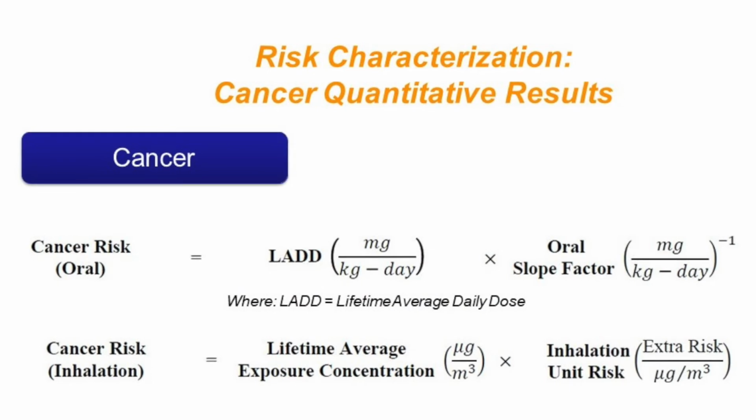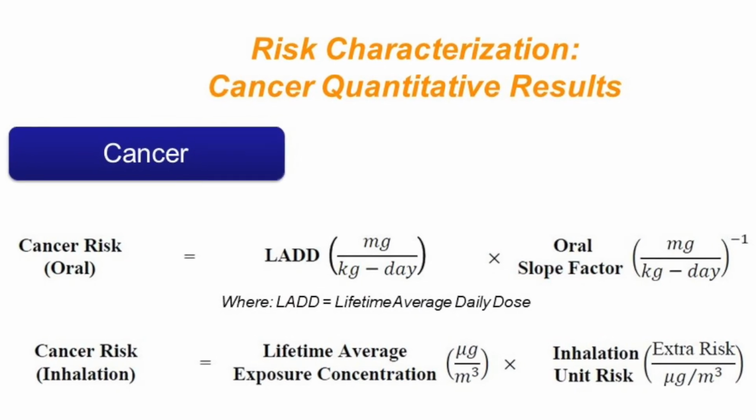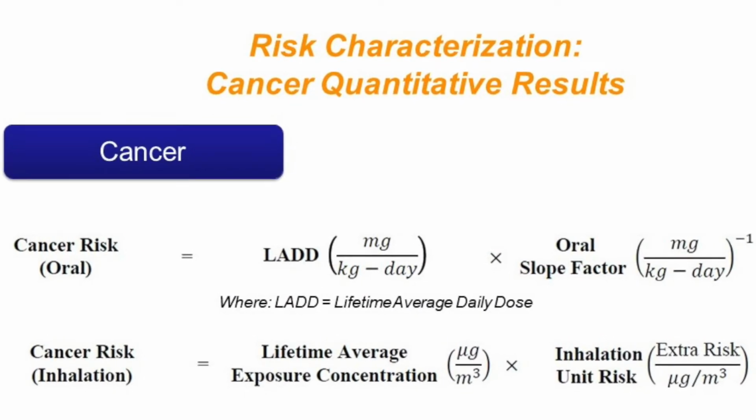The cancer risks are the next in line, which is slide number 30. Cancer risk for oral cancers is calculated in terms of lifetime average daily dose, LADD, times an oral slope factor, again from either IRIS, California, or WHO. The units: LADD is milligram per kilogram per day, as mentioned before.